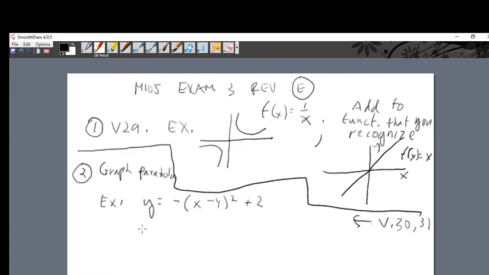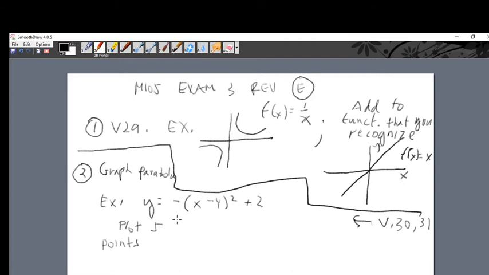Here's what might happen, and this is what I want to prepare you for. They might say, plot 5 points to get the graph going for this parabola. And they're very specific.